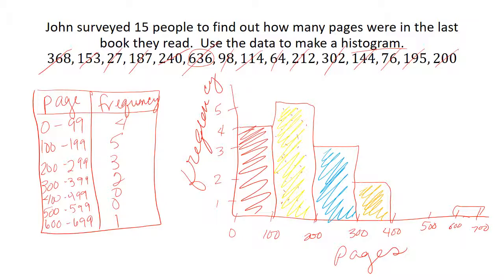Orange. How about a green? Alright, so there's our histogram. Just remember, the biggest difference between a histogram and a bar graph is that a bar graph has space between the bars, and a histogram doesn't.